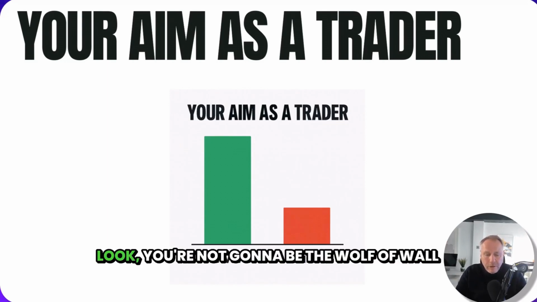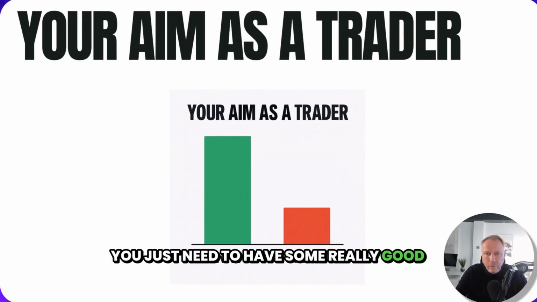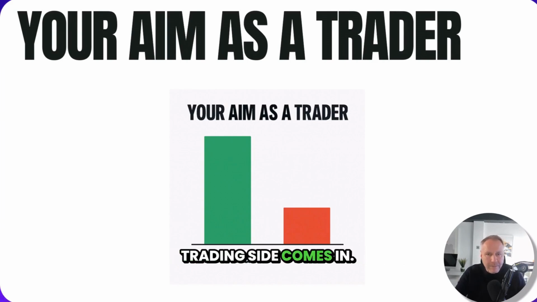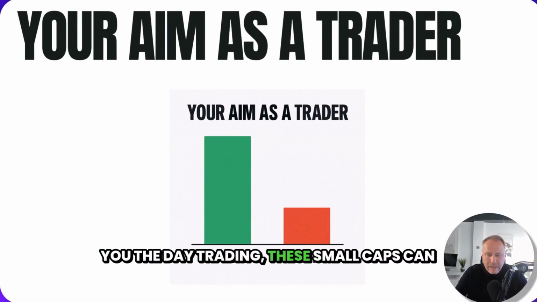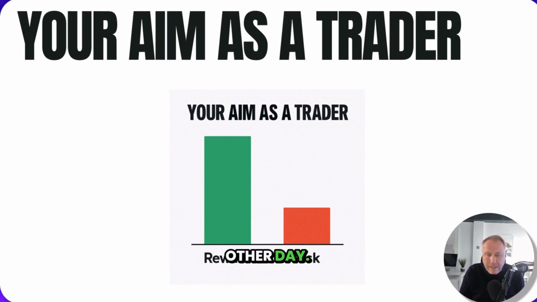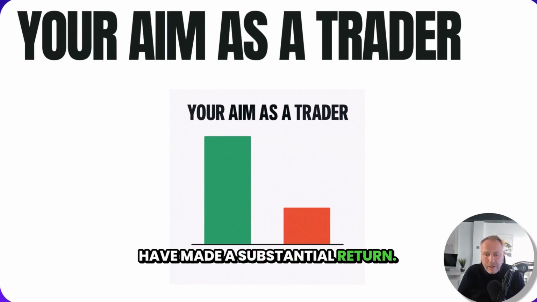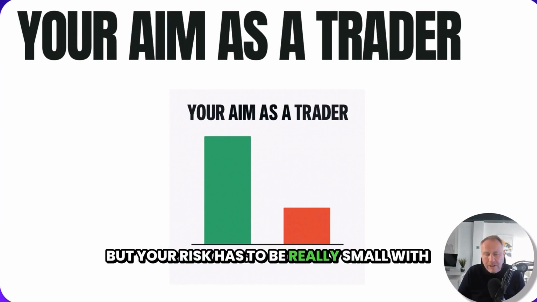All right, look, you're not going to be the Wolf of Wall Street. You just need to have some really good winning trades, and that's where the day trading side comes in. The day trading, these small caps can really run, and the big caps can run as well, guys. Look at IBM share price collapsing the other day. If you were on that on a trade, then you'd have made a substantial return. But your risk has to be really small with these trades.